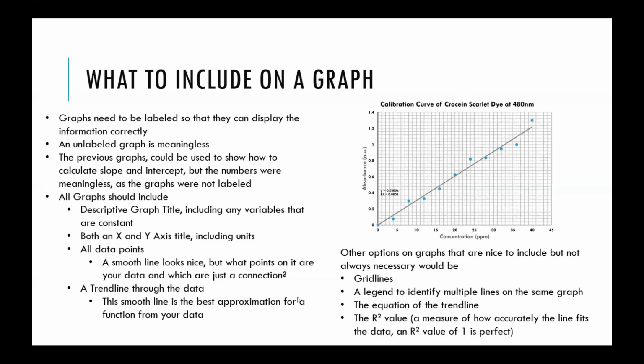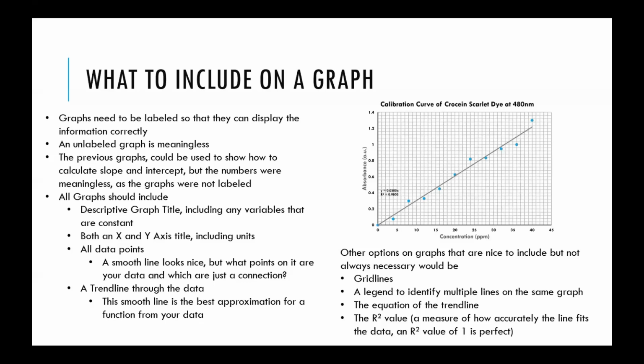And last, you want to make sure that it has a trend line. This is the line of best fit that goes through the data. So all of the data points don't have to be exactly on the line. This is an approximation of overall what the data shows.